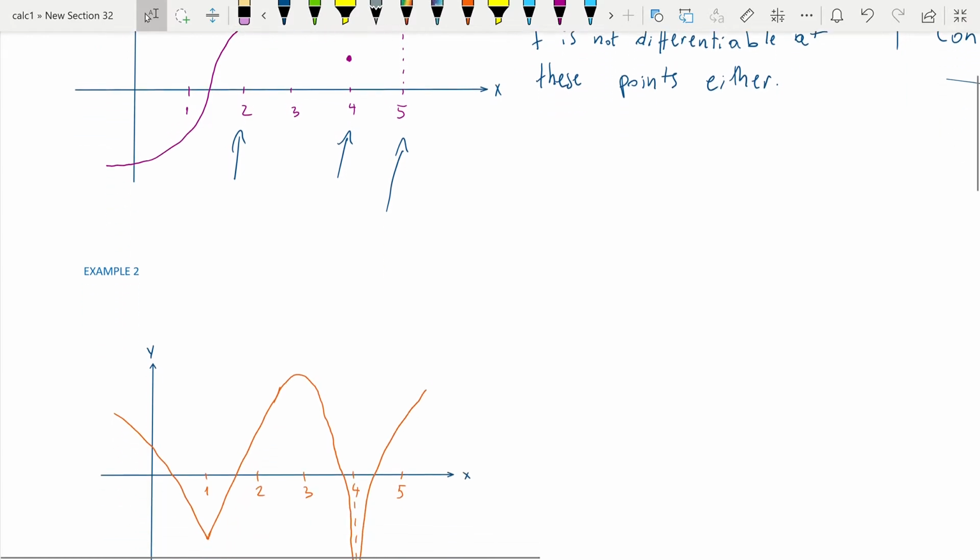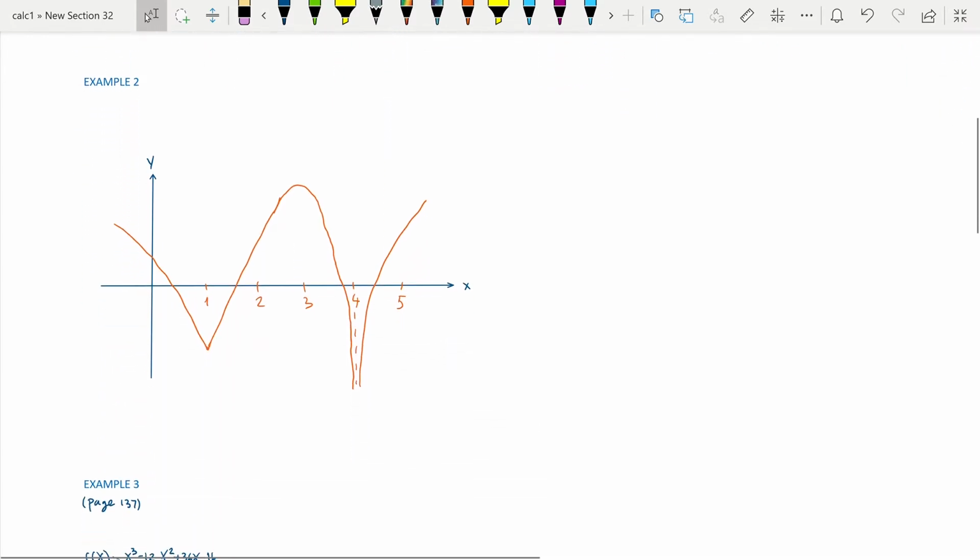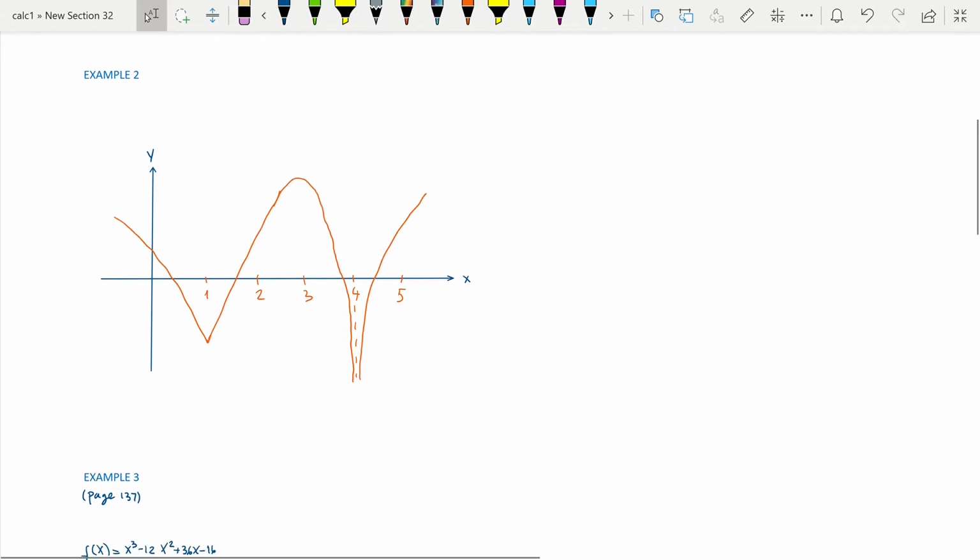Now for the second example, I wanted to highlight another thing. Of course, this function is not continuous at the point 4. f is not continuous at x equals 4.